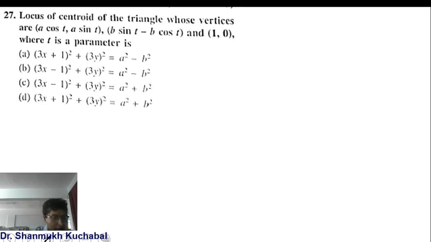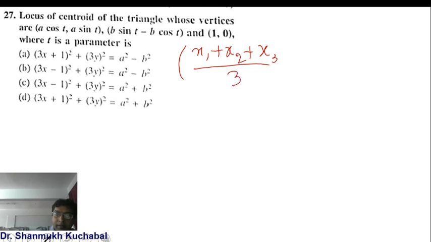The centroid of a triangle is given by the formula x1 plus x2 plus x3 divided by 3, and one more, y1 plus y2 plus y3 divided by 3.